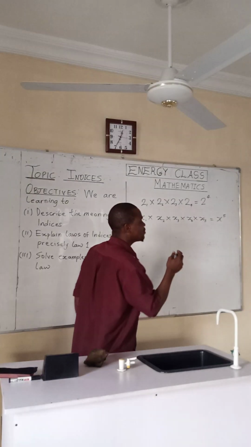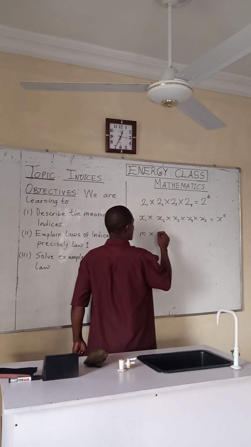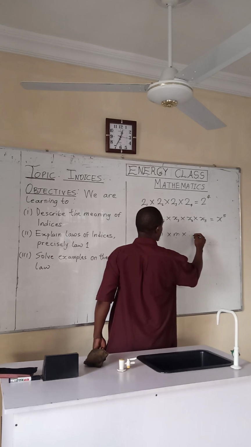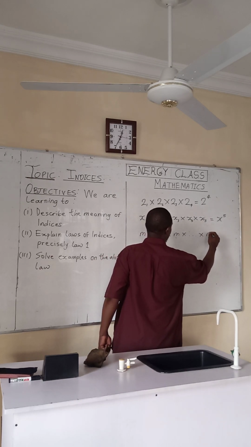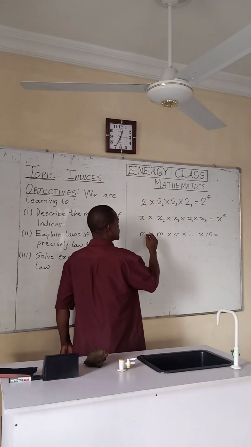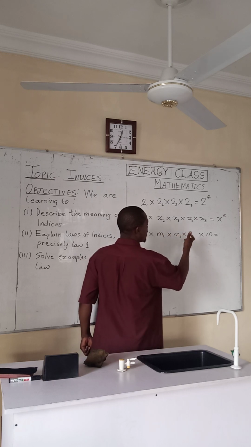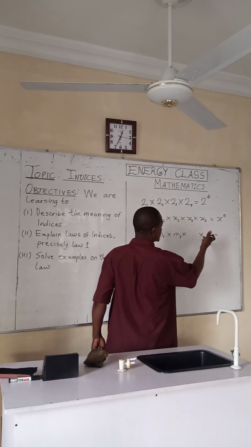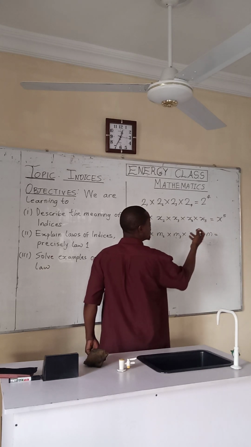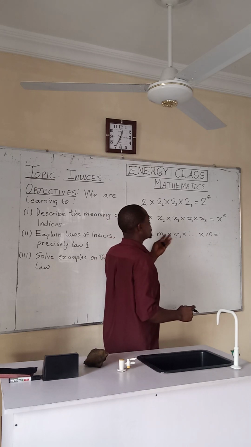What of a situation whereby we have m times m times m times dot dot dot times m? What does that give us? If we number this to be the first m, the second m, the third m, and it goes on and on to the last m here, because we may have many of the m's in this context.